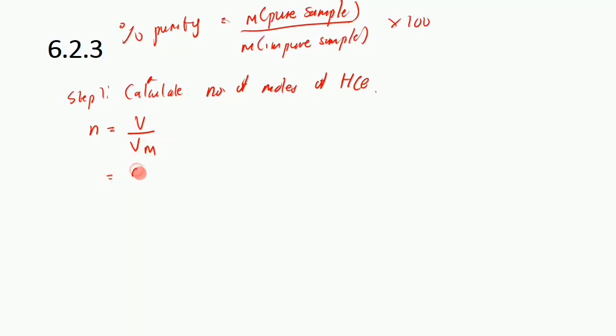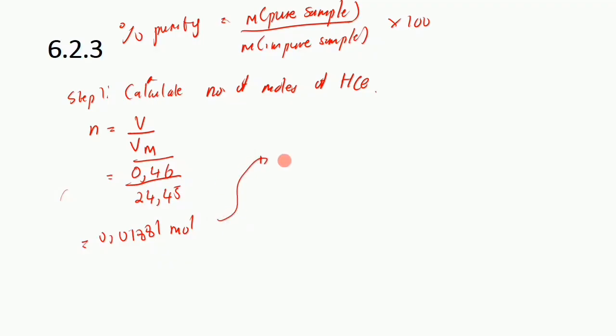So the volume, remember, it was 0.46, that 460 centimeter cube, then over Vm is 24.45 as given on the question. Divide that, we get that our solution is equals to 0.01881. So let's just round off to at least those decimal places.